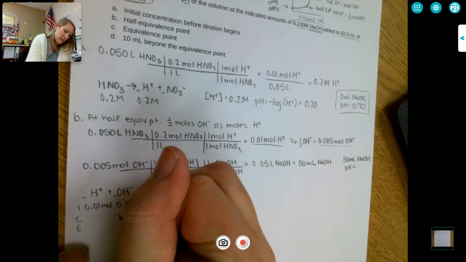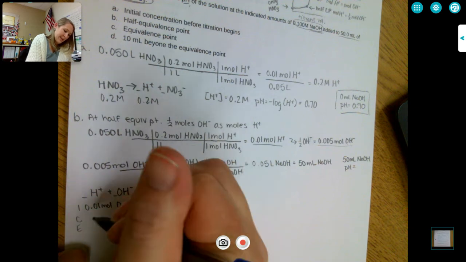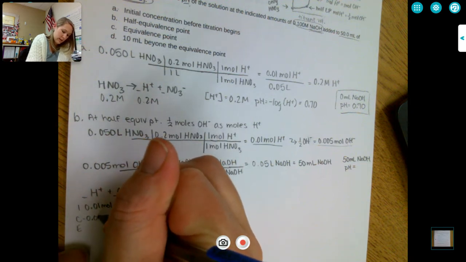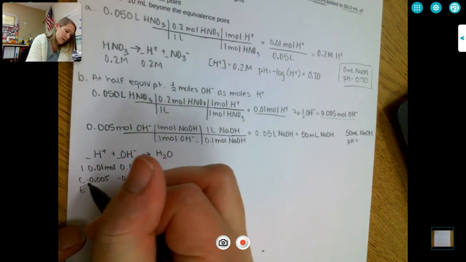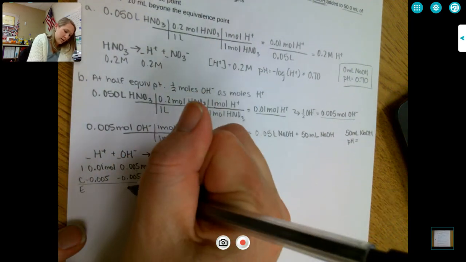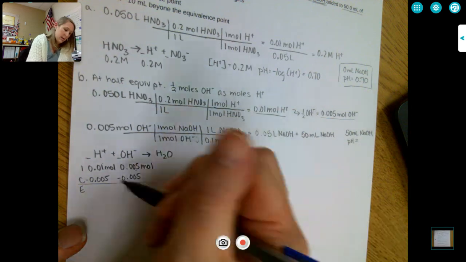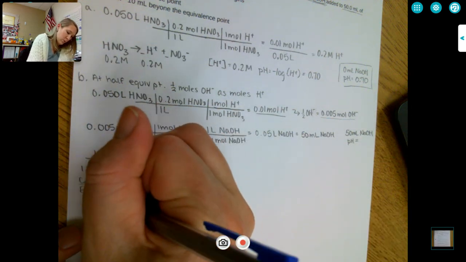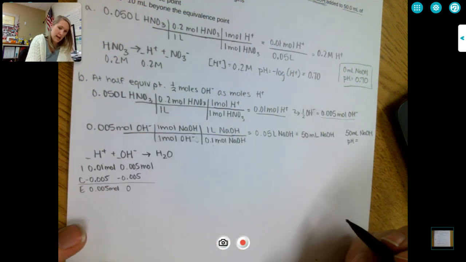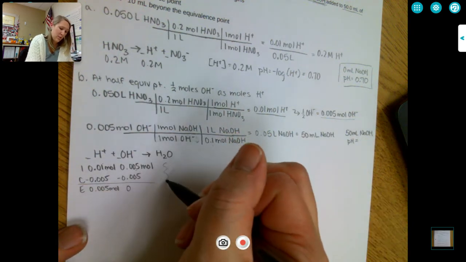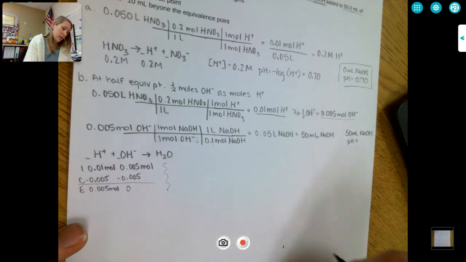So these are all going to get consumed by my hydrogen ions, right? Because it's 1-to-1. So I'm going to be left with no hydroxide ions and a leftover amount of 0.005 moles of hydrogen ions. And then water, we don't care about.